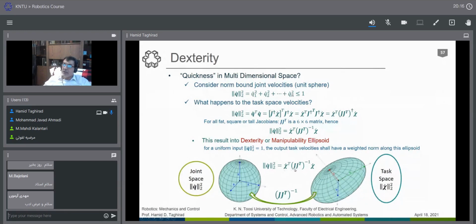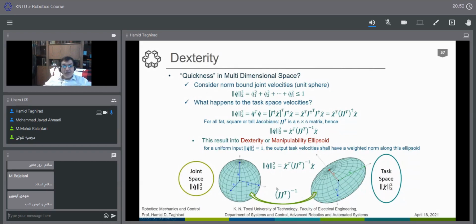And we showed that JJ transpose inverse, regardless of the size of J, which could be a square matrix, it could be a fat or a tall matrix, JJ transpose is a square matrix, always square, and it always has a determinant and eigenvalues. So the JJ transpose inverse will map a sphere in the joint space into an ellipsoid in the task space.